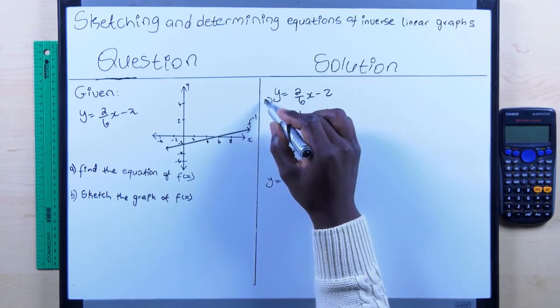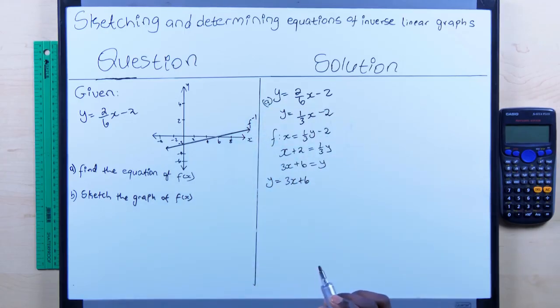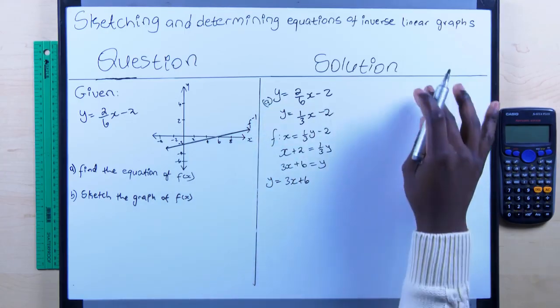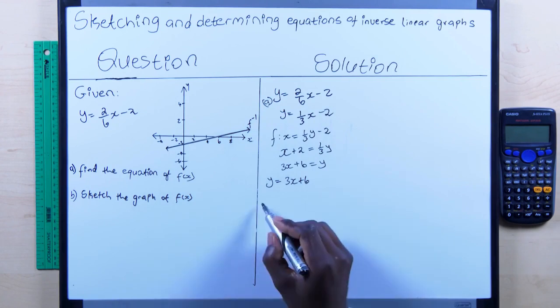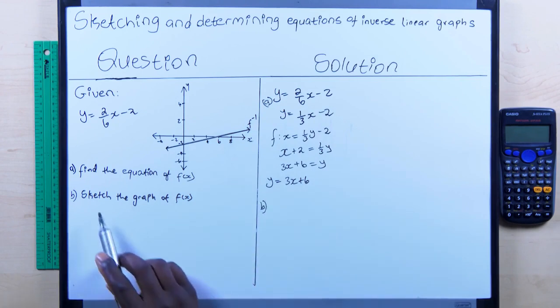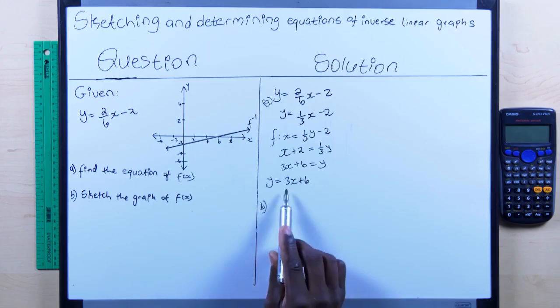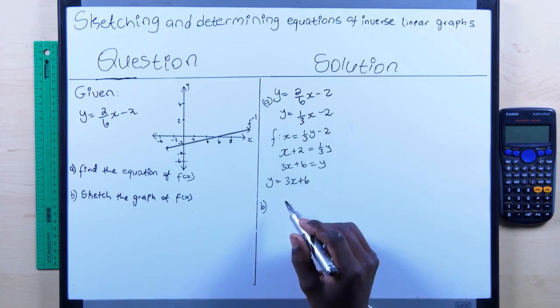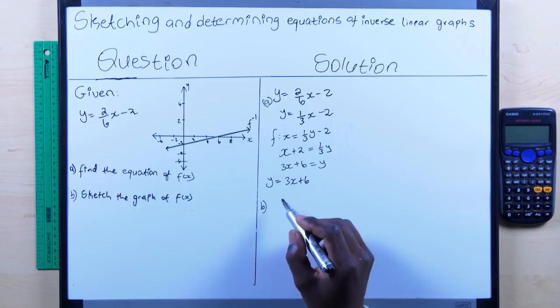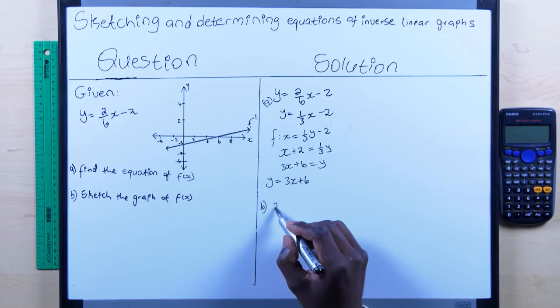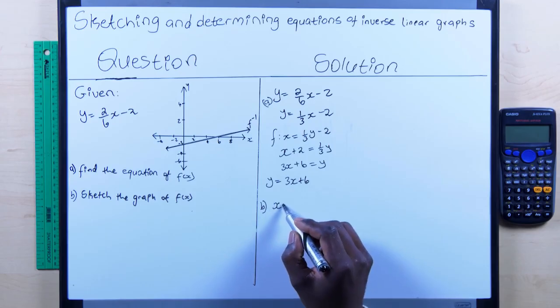That's number A. Number B. For number B, we must sketch the graph of f of x, which is this one. So we must find one important thing here: your intercepts. We need to find the x-intercept first.